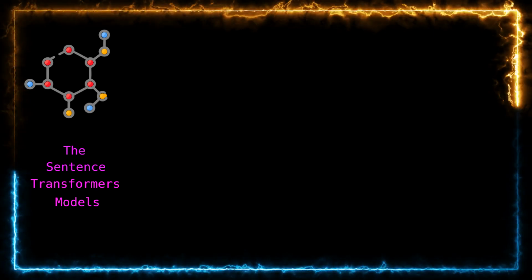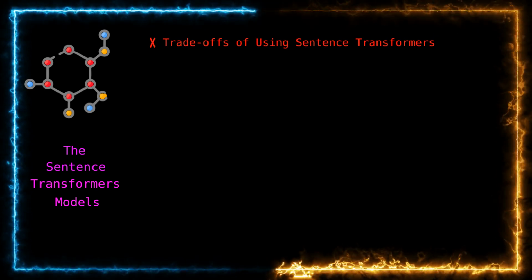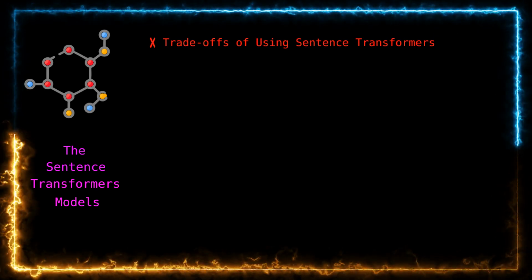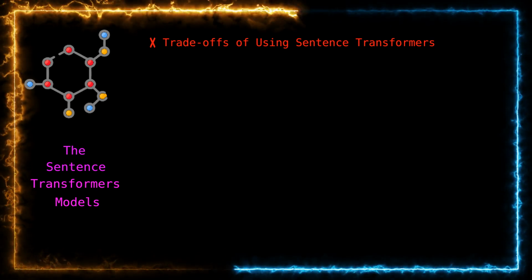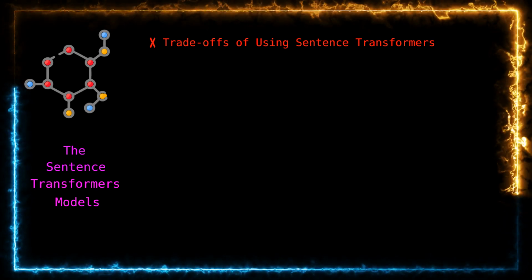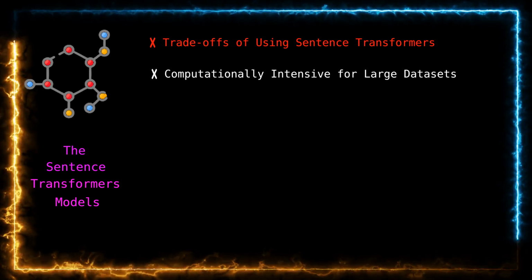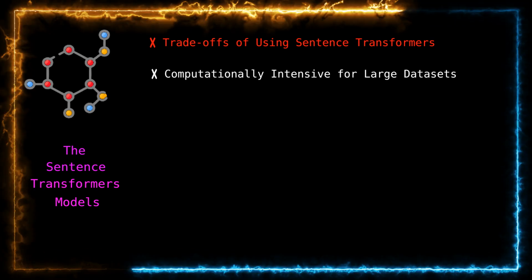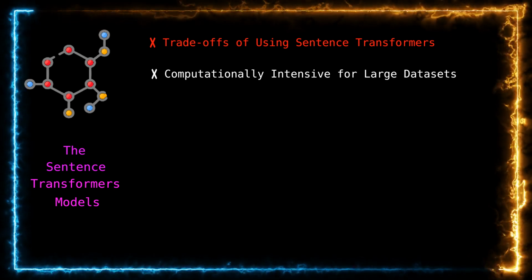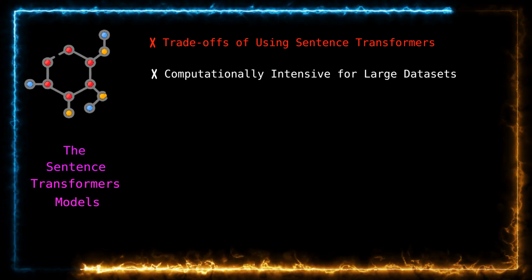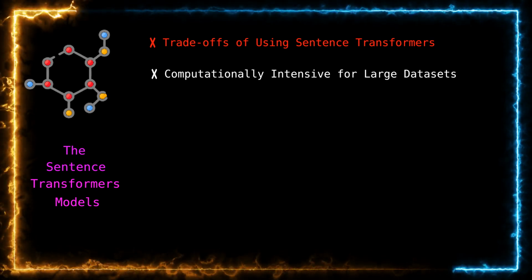Let's go over some trade-offs to consider when using sentence transformers. While they're highly effective, they also come with certain limitations. Computationally intensive for large datasets. Even though these models are optimized, they still require GPU acceleration for handling large-scale retrieval efficiently.